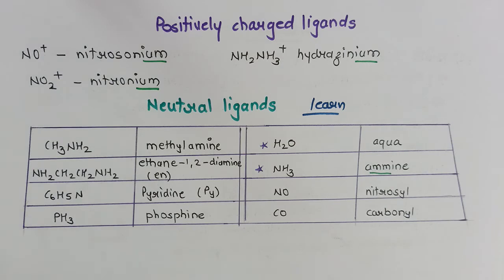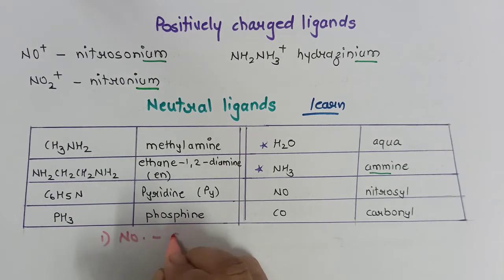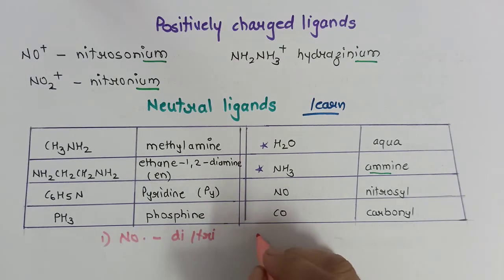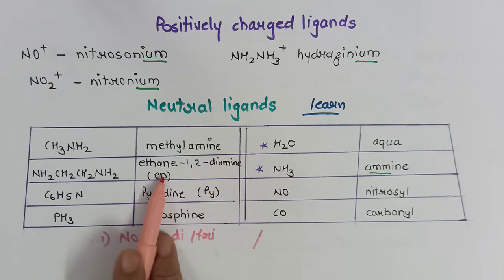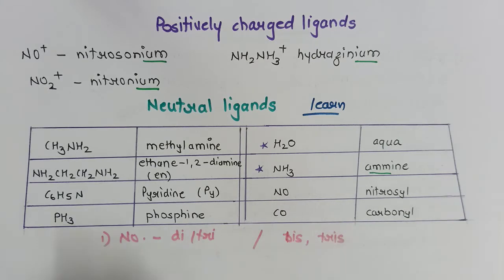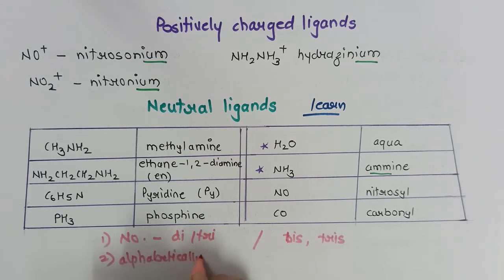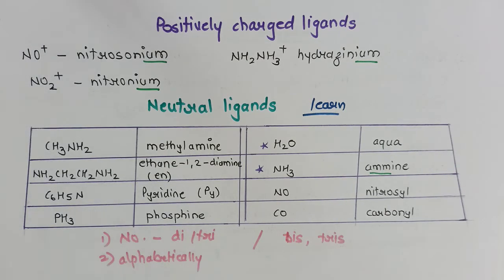So what we have seen in the naming of the ligands, first of all, we'll use the number like di, tri, tetra, etc. Or if the ligand has a name in itself, then we'll use it like bis, tris, etc. Then secondly, we have to arrange it alphabetically, irrespective of the charge, irrespective of the number.